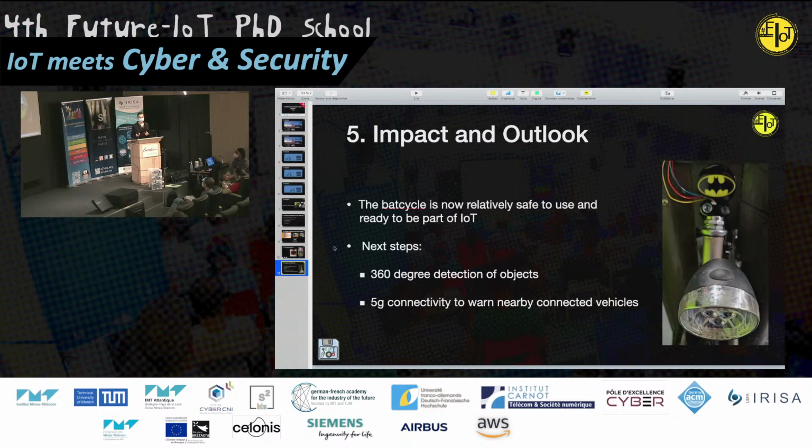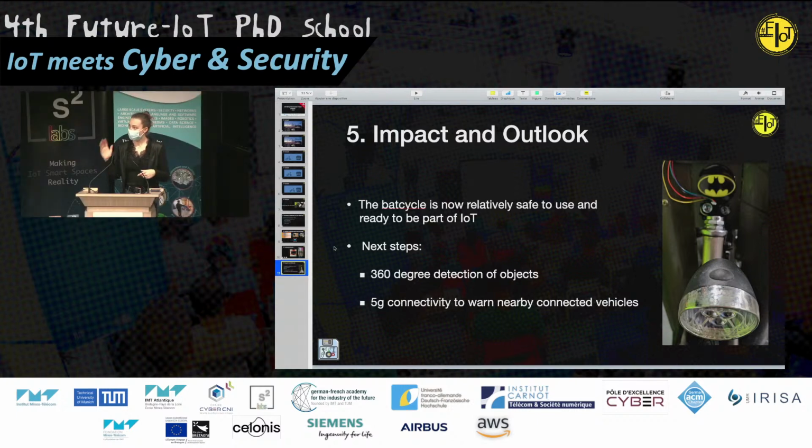The next step is to imagine 360-degree detection of objects. We can just add 2 LiDAR to detect other objects on the right or left. And we can imagine 5G connectivity to warn nearby connected vehicles, and inform them, for example, that the vehicle in the back is too close to the bicycle. So thank you for your attention, and if you have a question, okay.